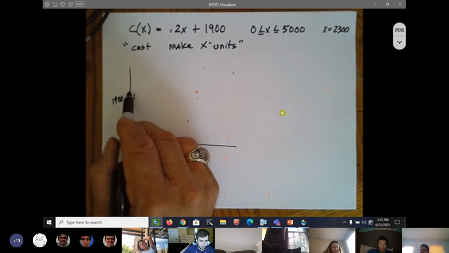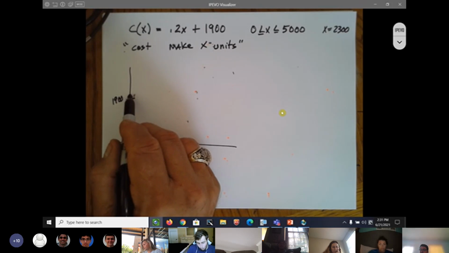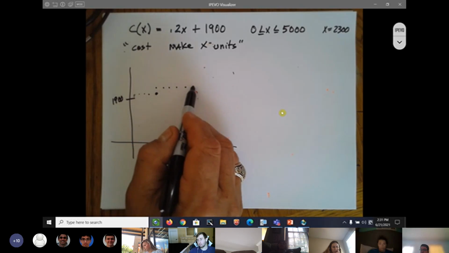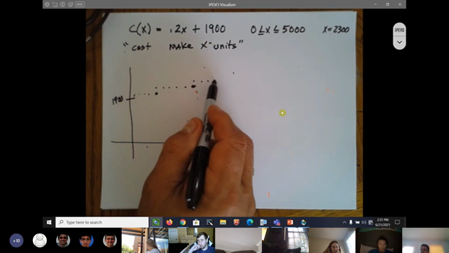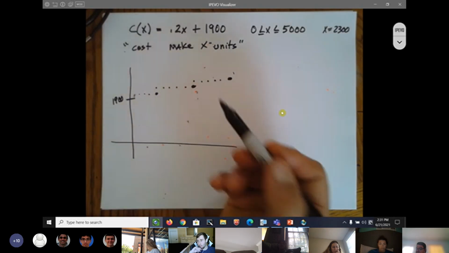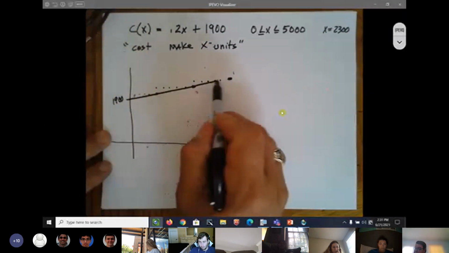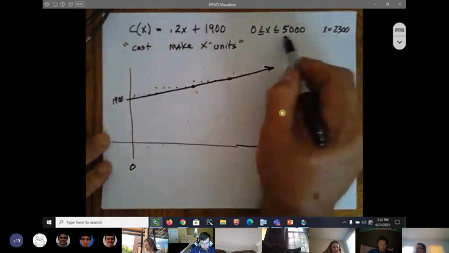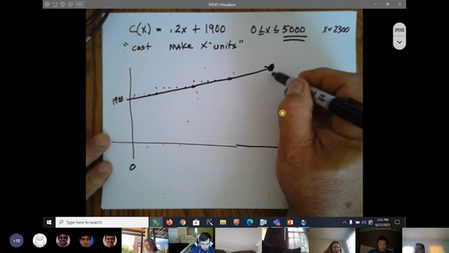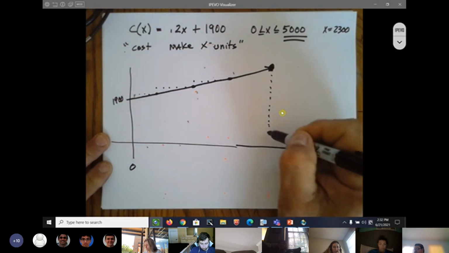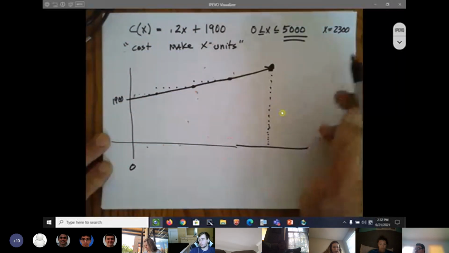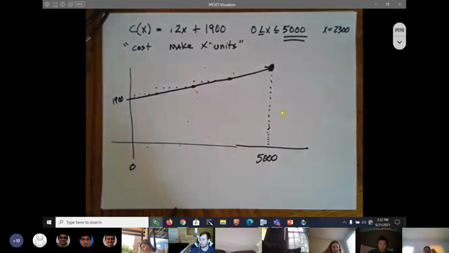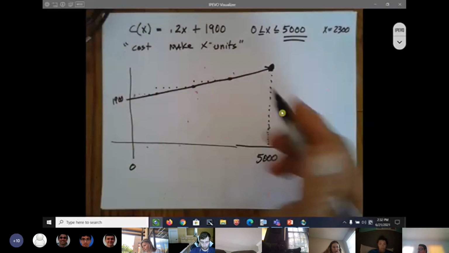So you get a very shallow line like this, and you can only go from 0 to what? I want somebody to communicate. You can only go from 0 to what? The 5,000. Okay, now this is all we're given.